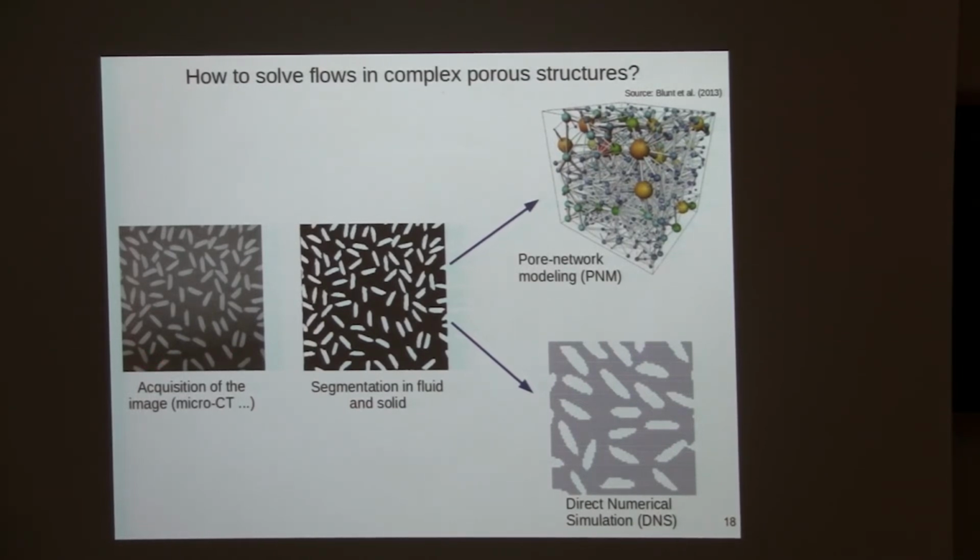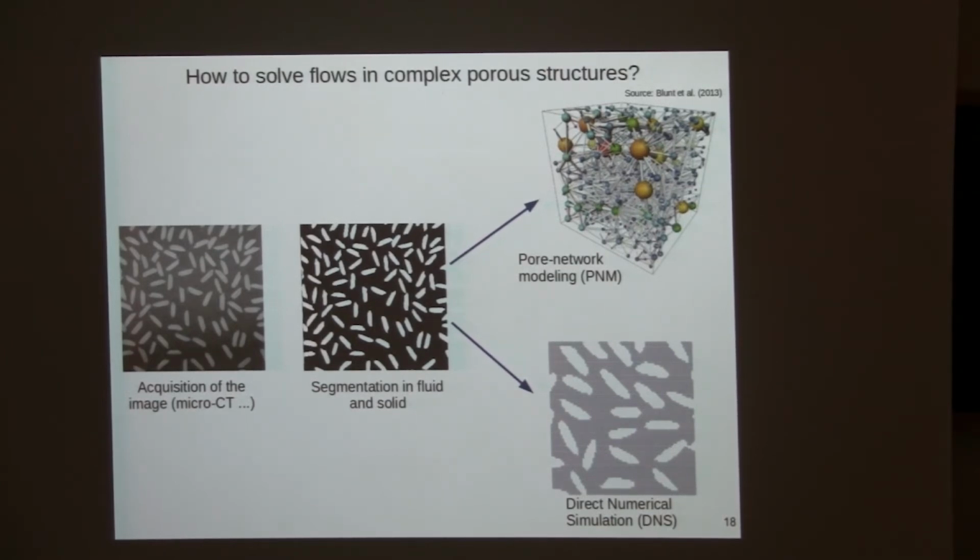Let's say you go in the lab, you take a picture of this image, or you use microCT to have an image of your pore-scale structure. The first thing you do, you segment this image into fluid and solid phases. And then when you have something like that, you want to solve the flow.